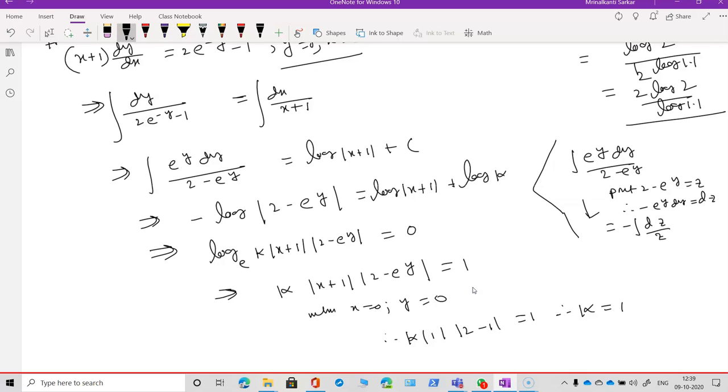And now if we substitute there, we get the required solution. That is, mod x plus 1 equal to 1. This is the required answer. Okay.